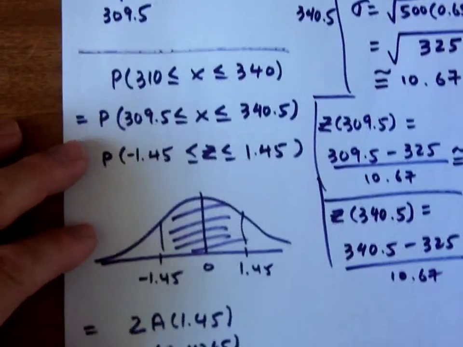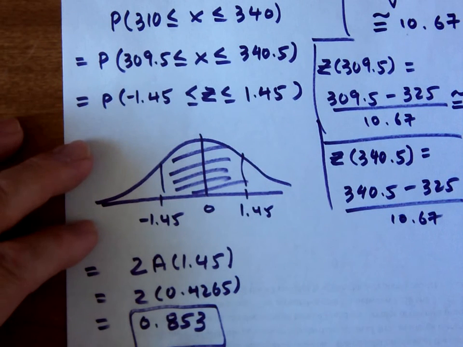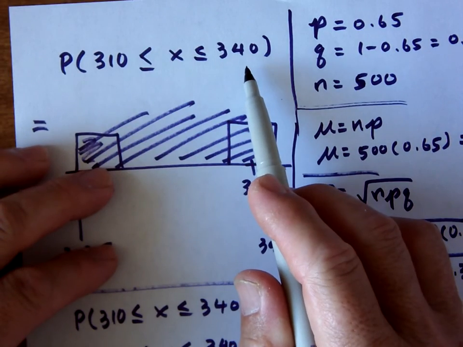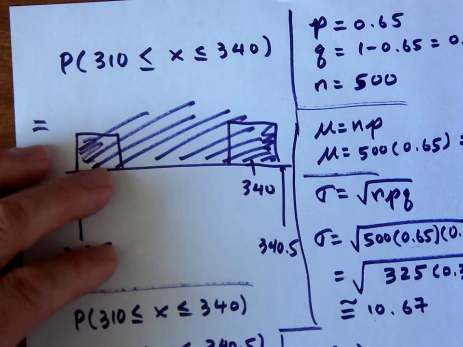And again, this does not say that about 85.3% of the birds will survive. No, this does not say that. Again, it's the probability that between 310 and 340 will succeed in their migration. Okay, that's it.